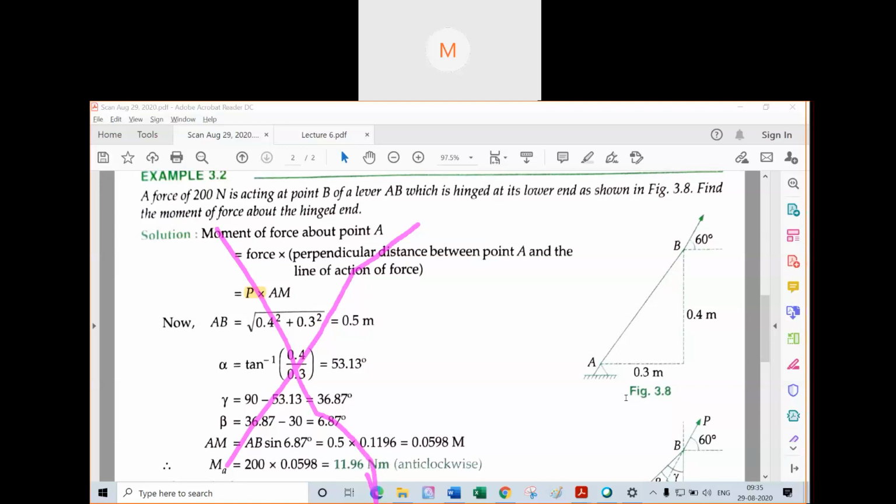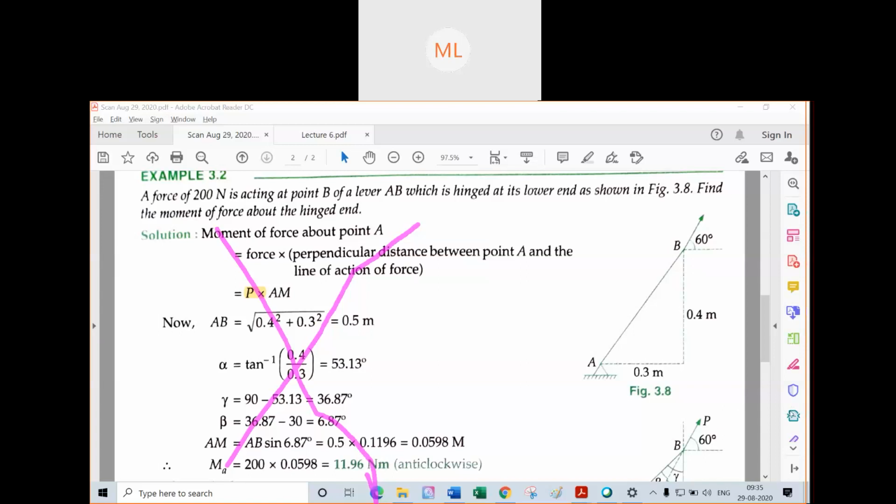What is AM? Perpendicular into force, the force into the perpendicular distance between point A and the line of action of the force. After that, the lower one, B into AM into constants. Okay, what will we do?